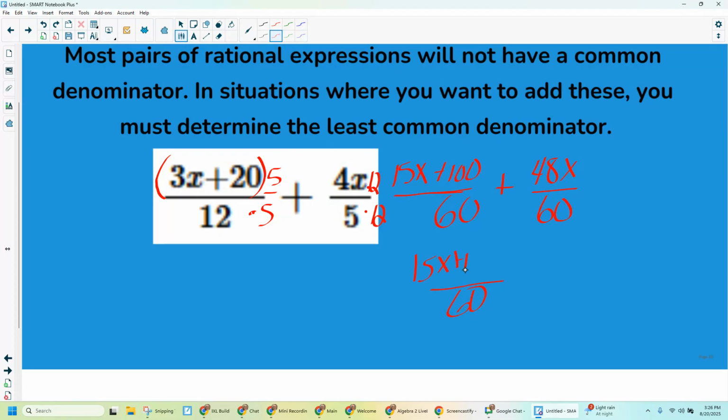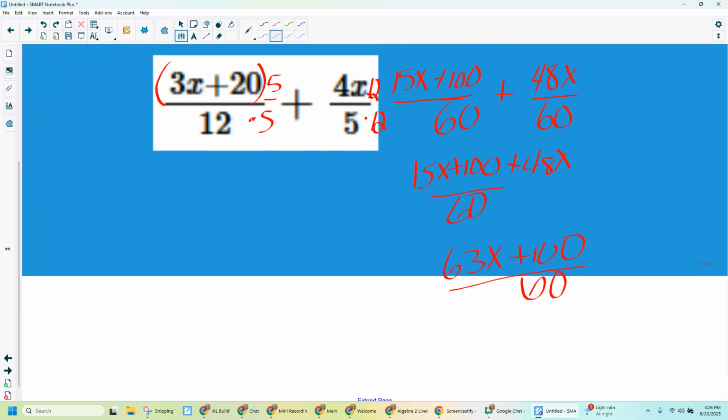15x plus 100 plus 48x. And 15 plus 48 is going to give me 63x plus 100 all over 60. And I have finished that problem.